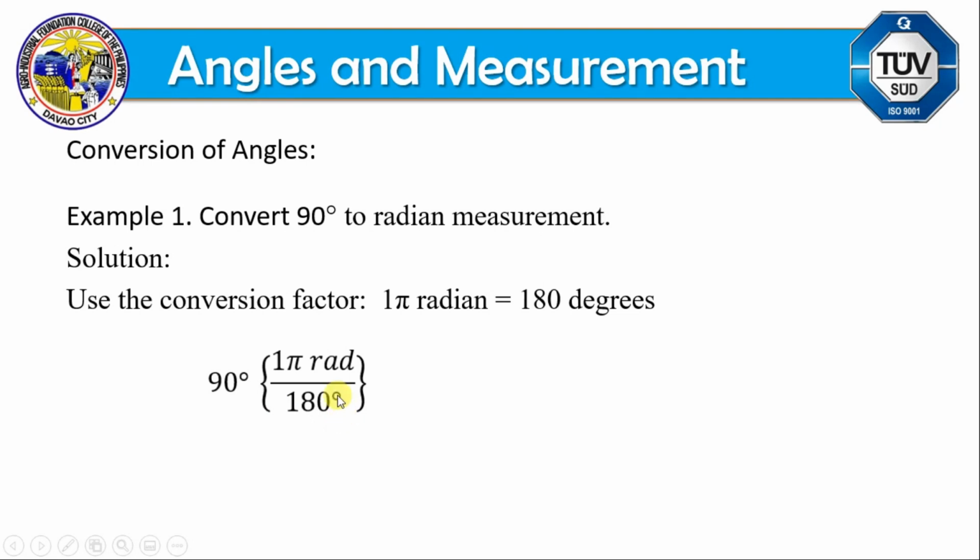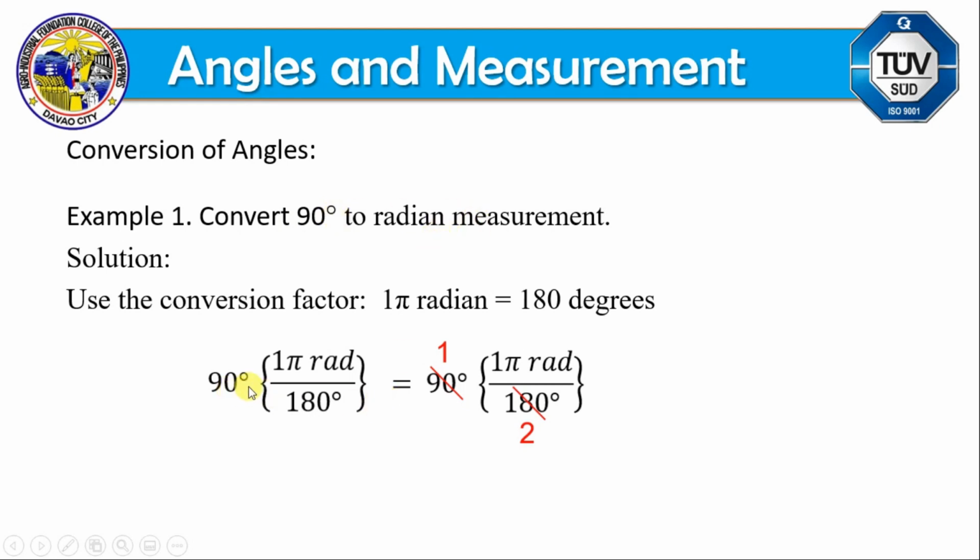Why is the 180 degrees at the bottom and the 1 pi rad on top? We did that because we want to cancel out the degrees, so the remaining unit will be radians, since we need to convert from degrees to radian measurement.